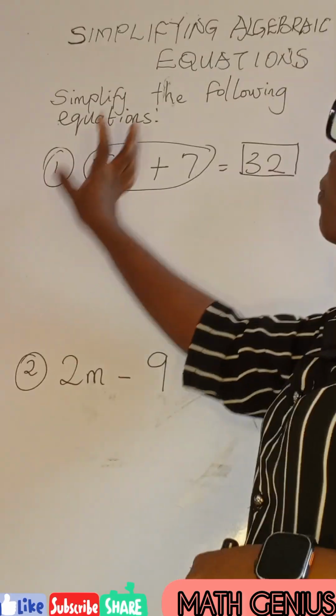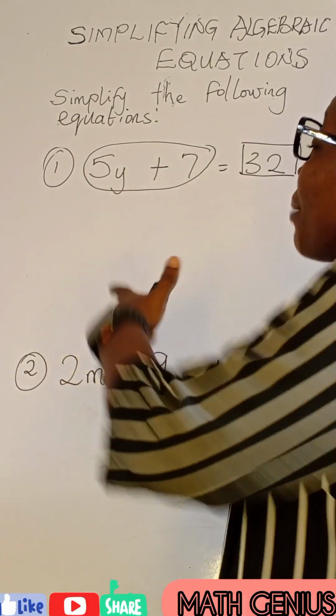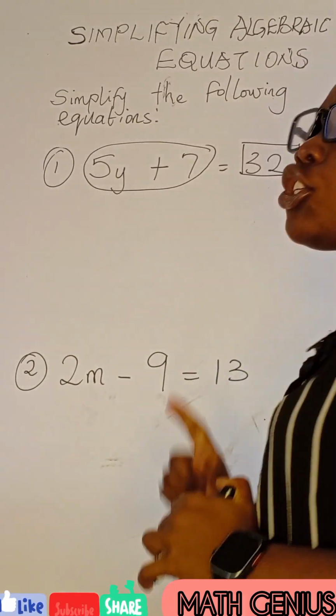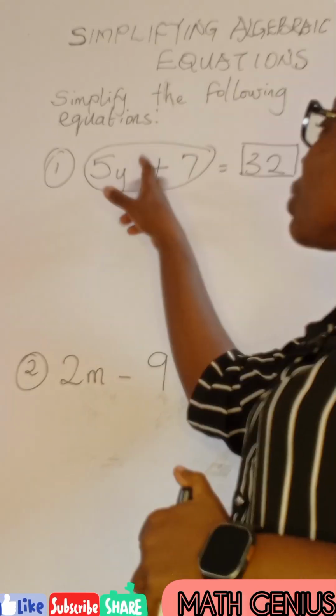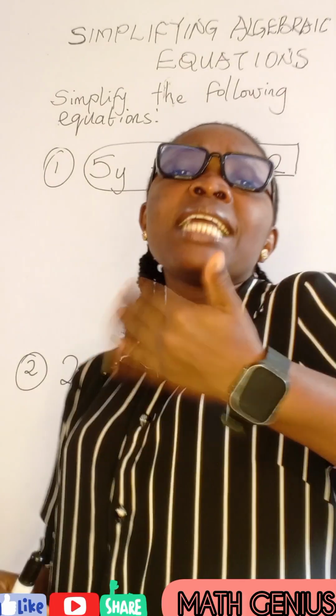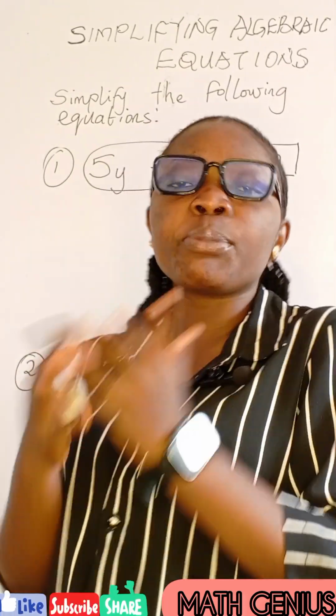Now, let's come back to what I was saying before. For you to simplify the algebraic equation, you need to consider the number closest to the algebraic term. And our algebraic term here is 5y, and the number closest to it is positive 7. Now, we need to eliminate positive 7. We need to remove plus 7.